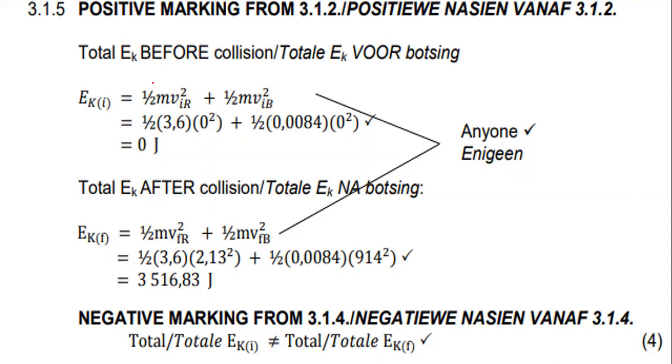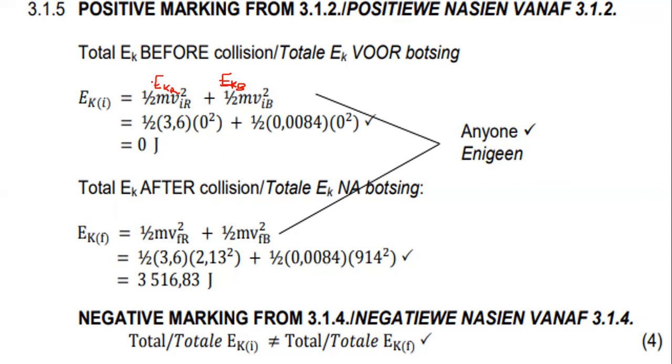And we know this is actually the kinetic energy of the rifle, and this is the kinetic energy of the bullet all together. Now, kinetic energy, when you go to your formula sheet, you know it's given by half mv squared. The kinetic energy there is also given by half mv squared.